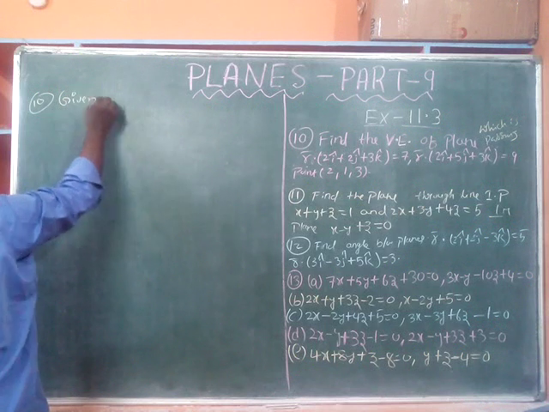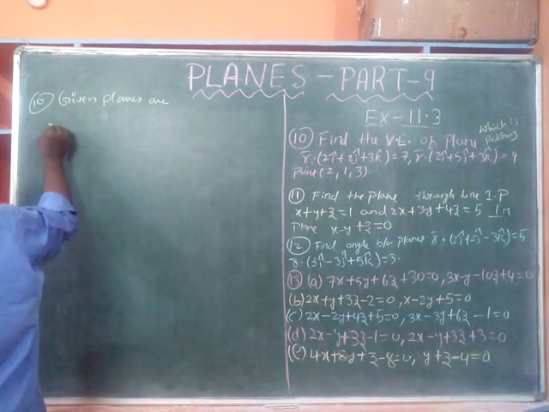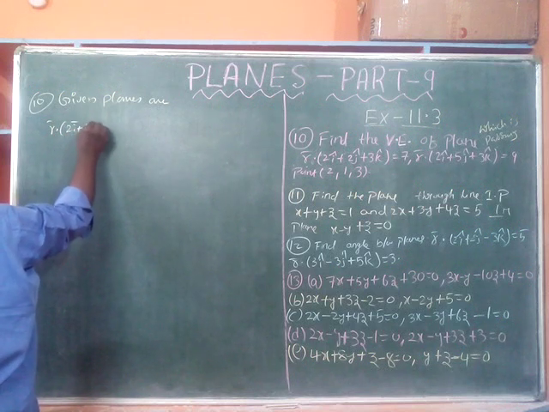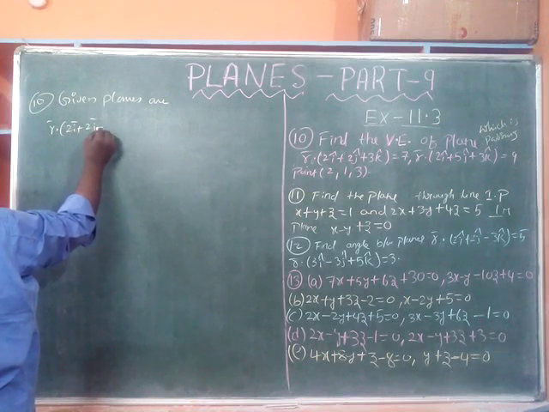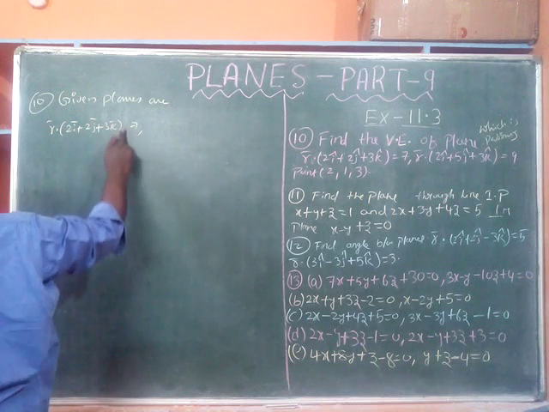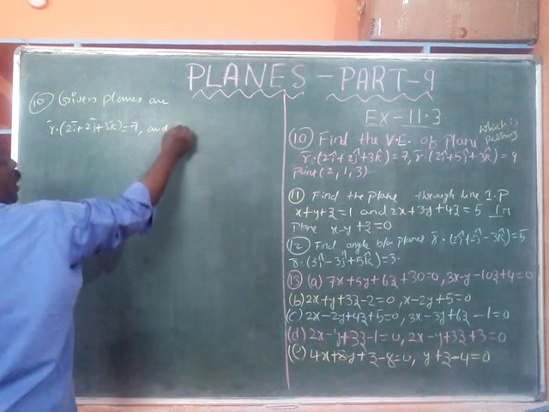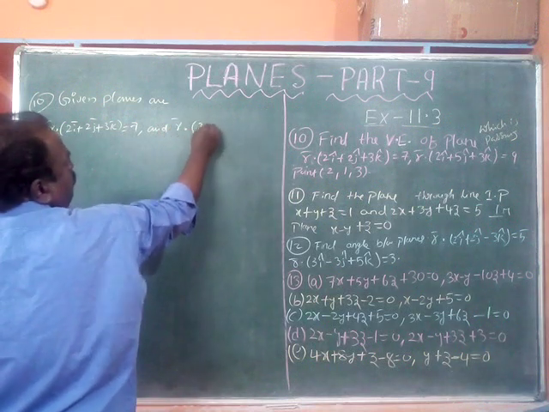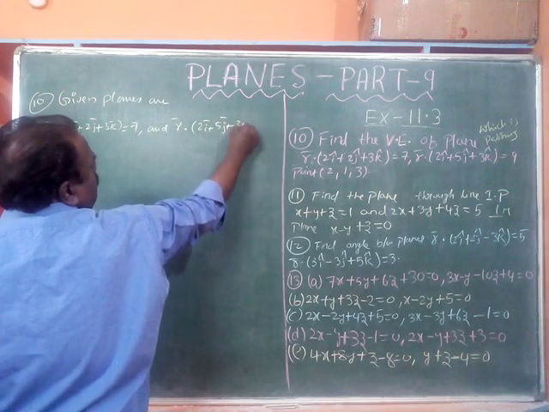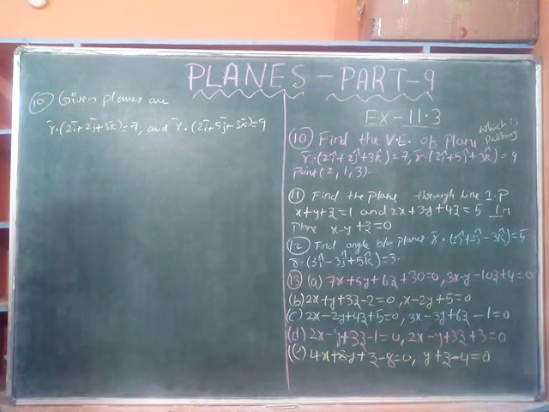Now, the tenth one. The given planes are R bar dot of 2i plus 2j plus 3k is equal to 7, and R bar dot of 2i plus 5j plus 3k is equal to 9.